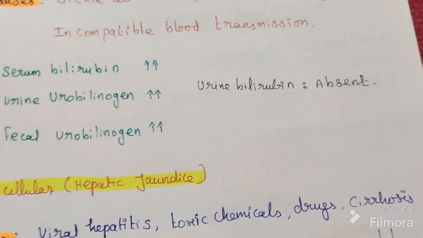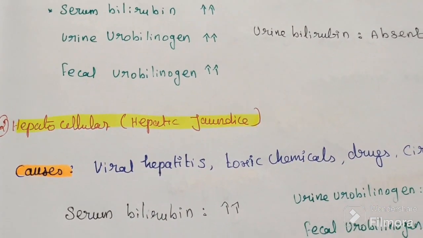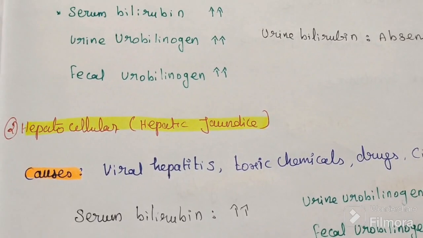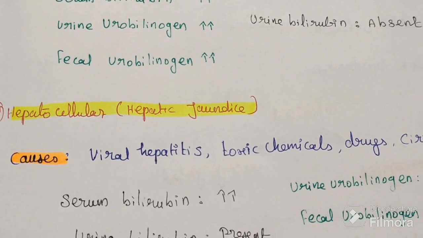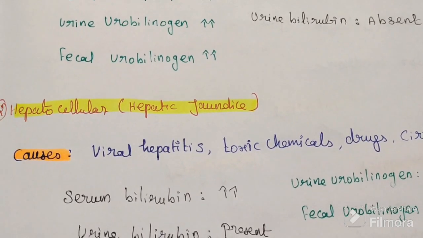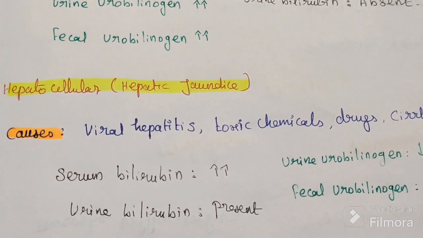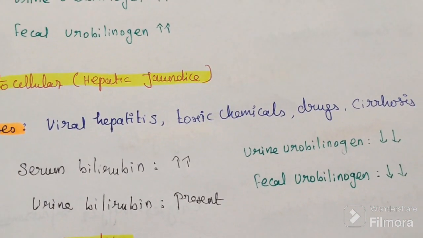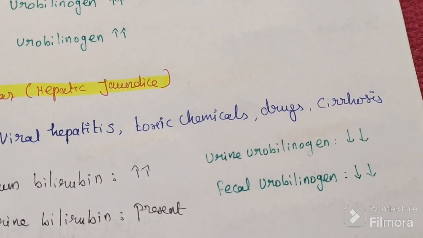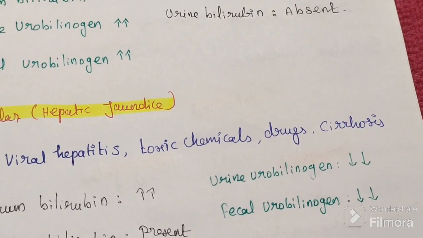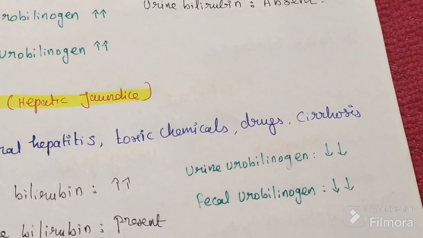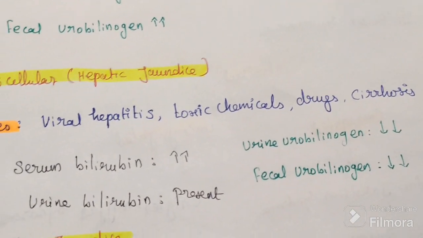The second one is hepatocellular or hepatic jaundice. There is damage to the hepatocellular cells due to various reasons like viral hepatitis, toxic chemicals such as carbon tetrachloride, alcohol, various drugs, and liver cirrhosis.